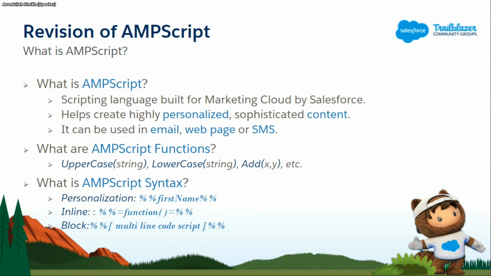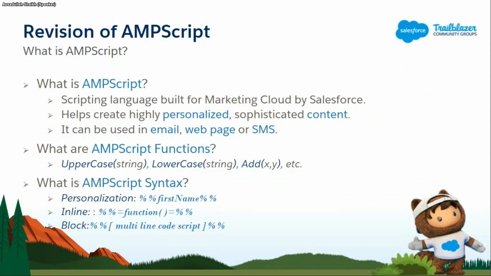Then there is the AMPscript syntax, which is important to know. When you are designing an email template, you would probably be using personalization strings. You connect an email template to a particular data extension that holds the data of the users you are sending the email to, and it will have some fields: first name, last name, email address, and maybe more.